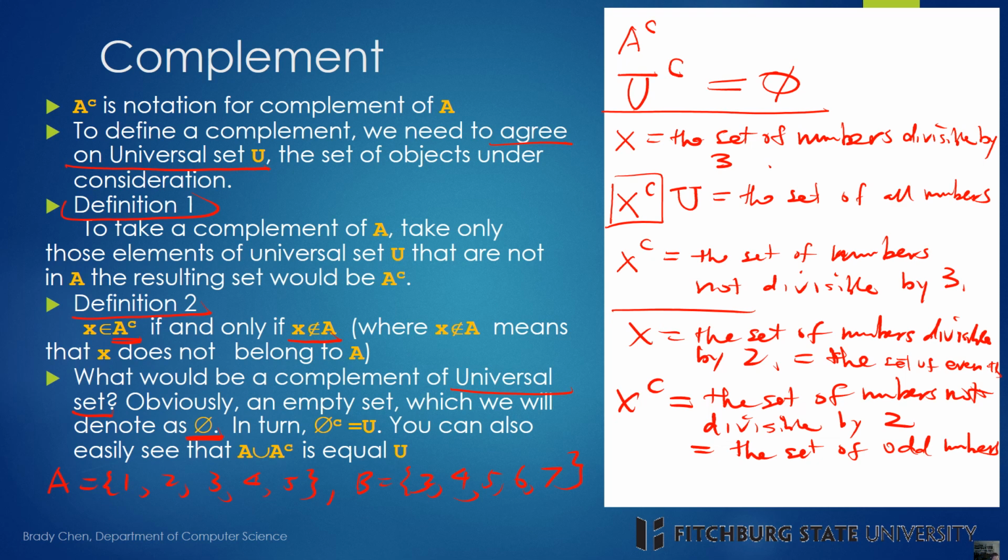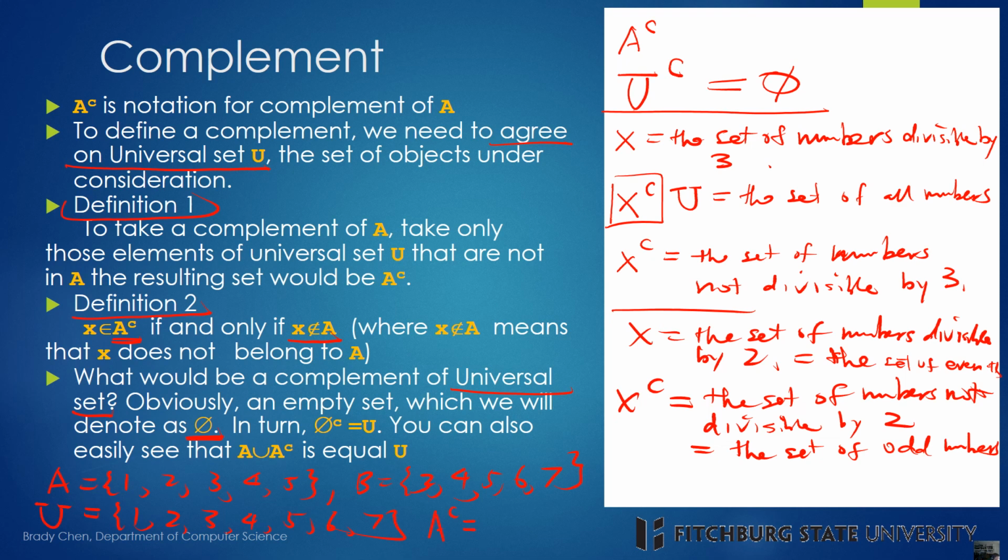right? Now, if we define the universal set for A and B as 1, 2, 3, 4, 5, 6, 7. Okay. So suppose the universal set is actually the union of A and B. So that includes the elements belonging to A and B. Then what's the complement of A?